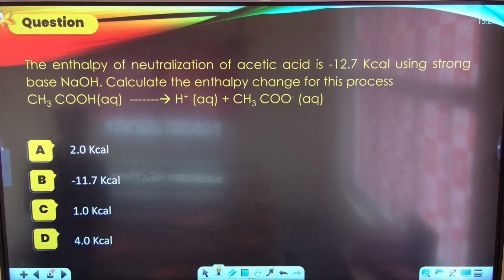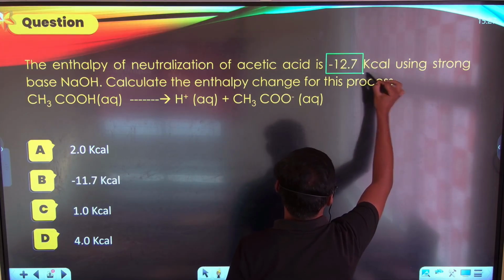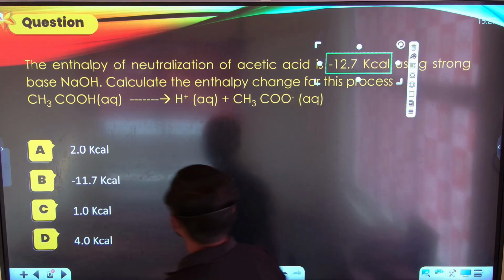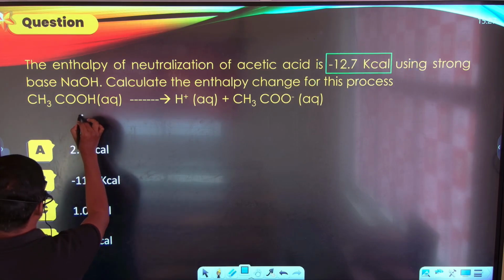The enthalpy of neutralization of acetic acid is given as minus 12.7 kilocalorie with strong base NaOH.